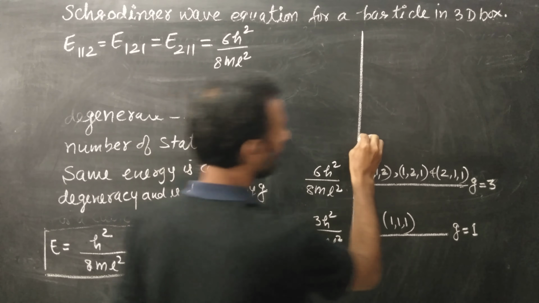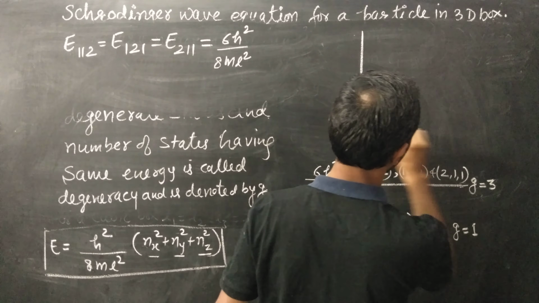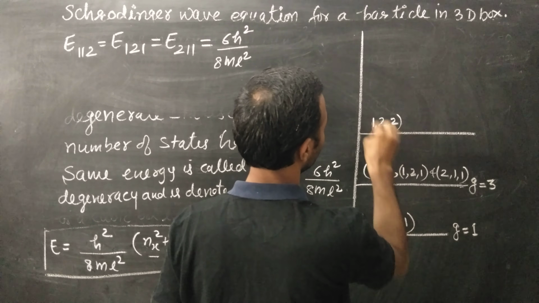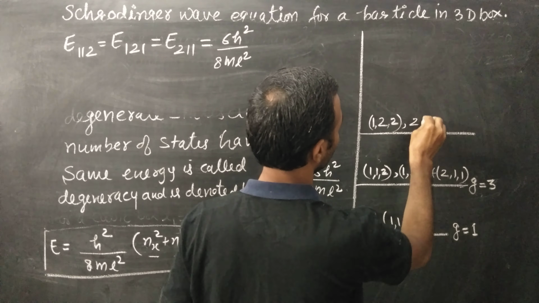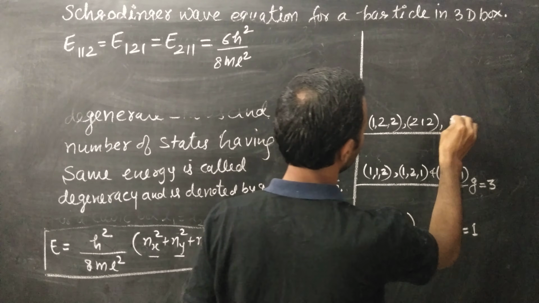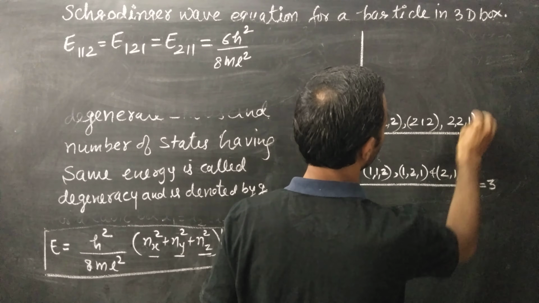Then come to next, that is 1, 2, 2, 2, 1, 2 or 2, 2, 1.